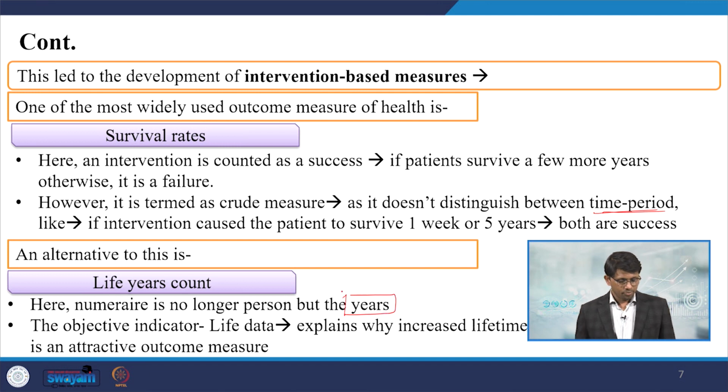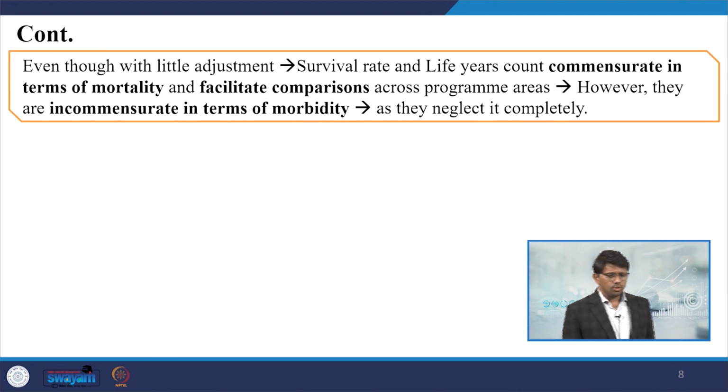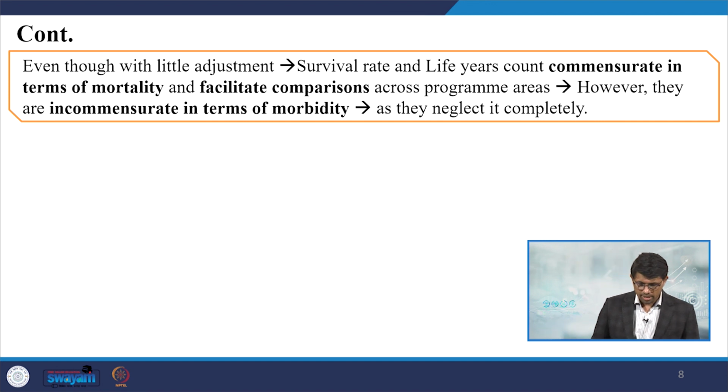The objective indicator, that is life data, explains why increased lifetime is an attractive outcome measure. Even though with little adjustment, survival rate and life years count are commensurate in terms of mortality and facilitate comparisons across program areas. However, they are incommensurate in terms of morbidity, which is neglected completely.